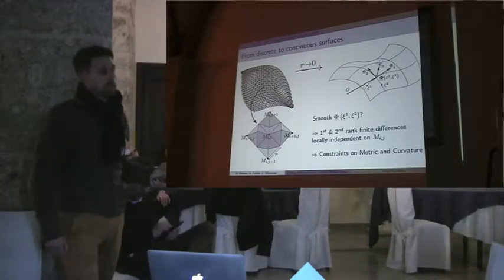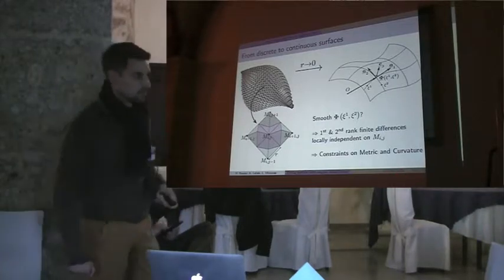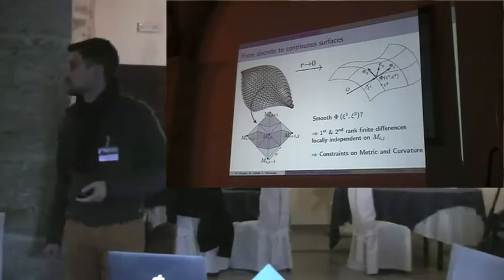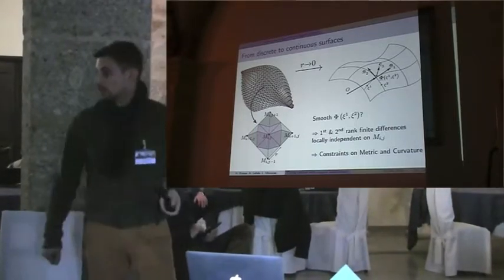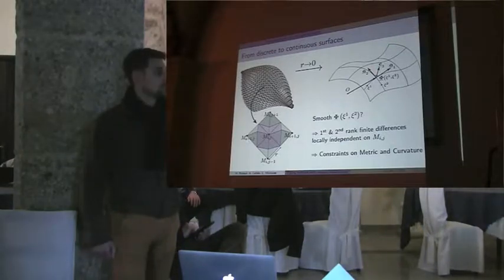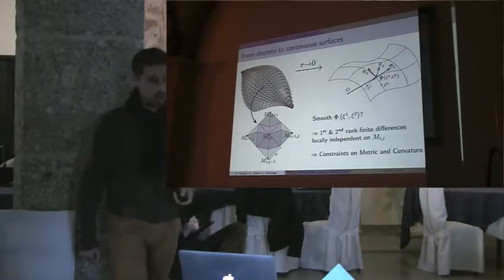And if I do that, which I will detail a bit later, I will find some constraints on the metric and the curvature of the limit surface, the equivalent continuous surface.